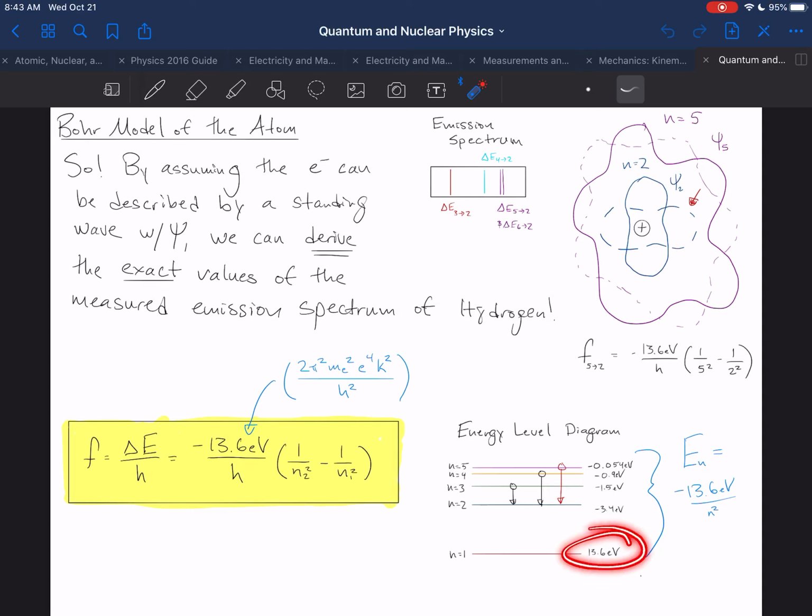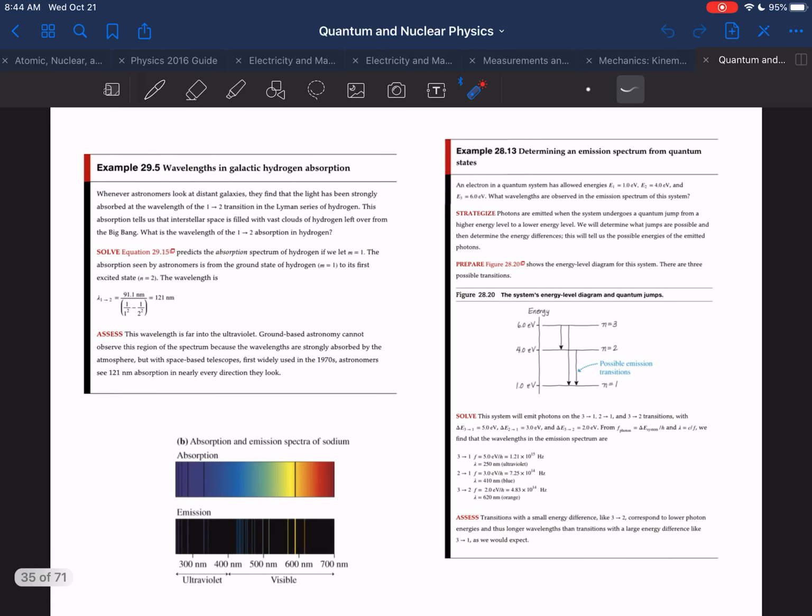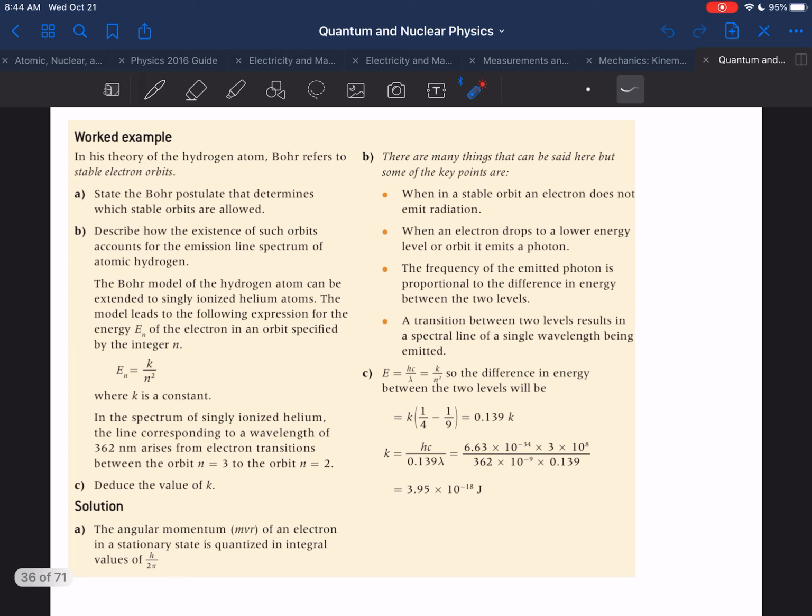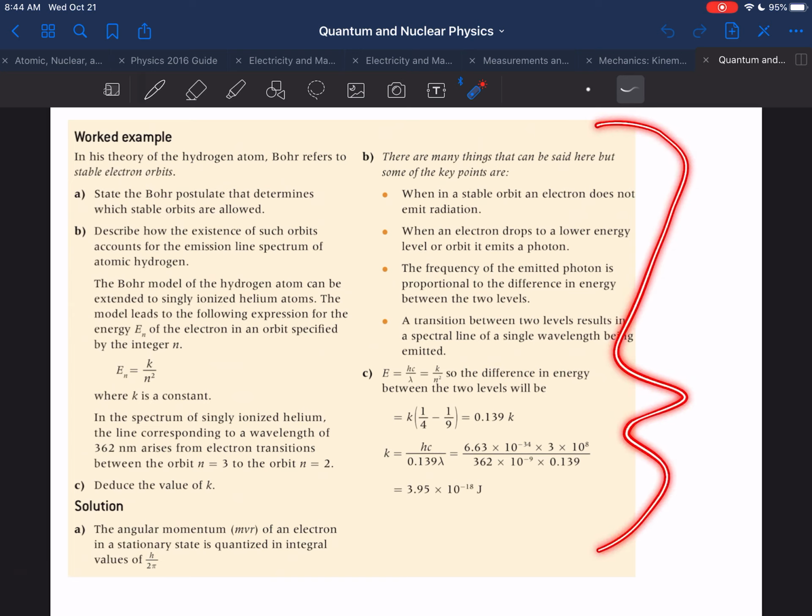So each of these values pop out of this equation in a way that we had measured prior to this, but we had not understood. We did not know where these values came from, and we just derived those particular values. I'd recommend working your way through some reminders for the Bohr model of the atom and the conceptual questions here.